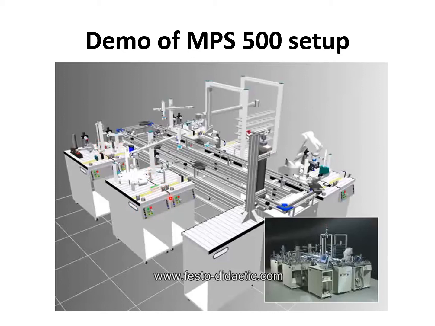Again, we'll use MPS 500 as a case example for any automation system, but the concept is the same. We'll have very similar sensors in any factory, any assembly line, any production line. So we will cover the sensors and the actuators, pneumatic actuators and pneumatic valves.